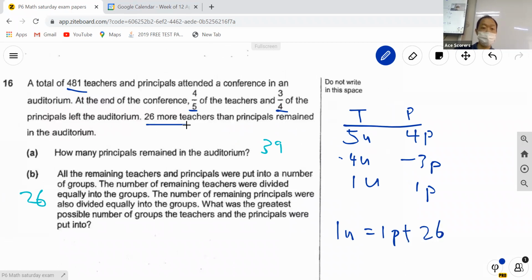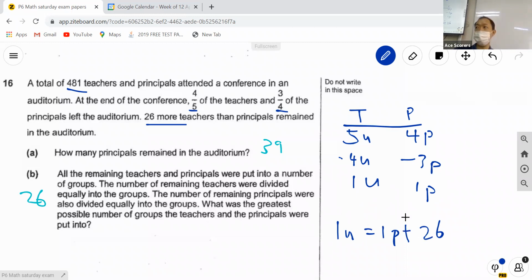This is very important information. There were 26 more teachers, so the 1 unit is 26 more than 1 part, which means if you take 1 part and add 26, you're going to get 1 unit. So we haven't finished yet. Okay, so 1 unit equals 1 part plus 26.